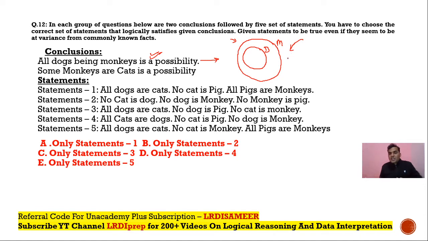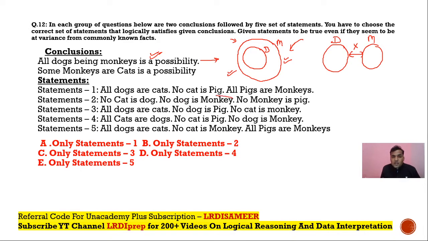All dogs being monkeys a possibility is this graph, and the contradiction of this conclusion, that means a statement stating that no dog is a monkey, will straight away block all the ways of this conclusion being a possibility, right? So just look for all those statements which are saying that no dog is a monkey and straight away eliminate that option. No dog is a monkey is what we are looking for.